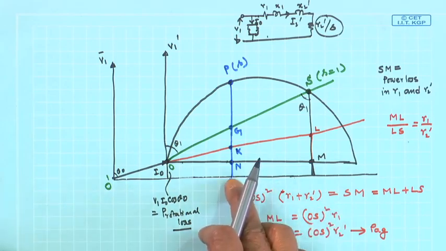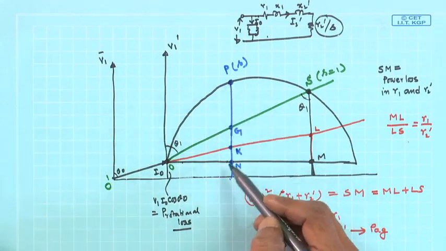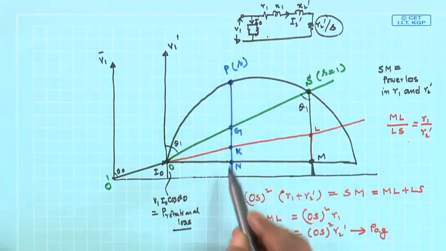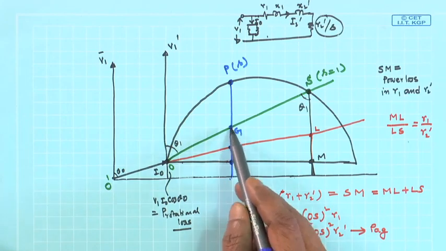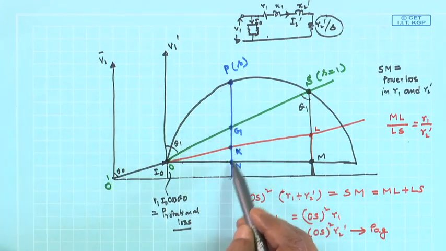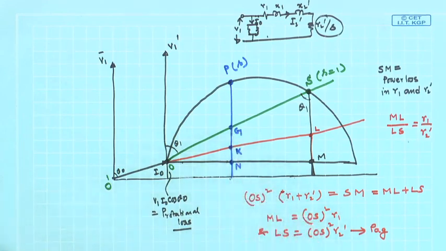In this circuit parallel branch, the input power is PN, and there is this power KN, KG. Let us try to understand what this KN and KG mean, that I must show.